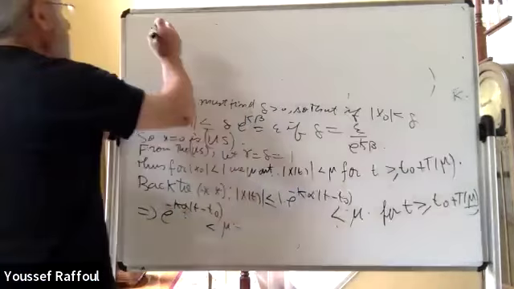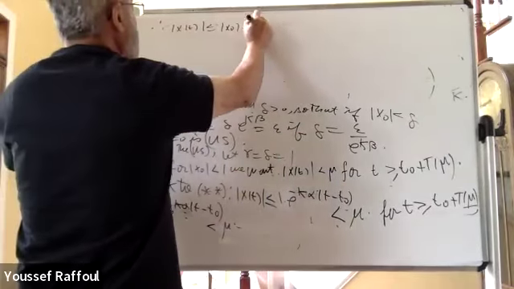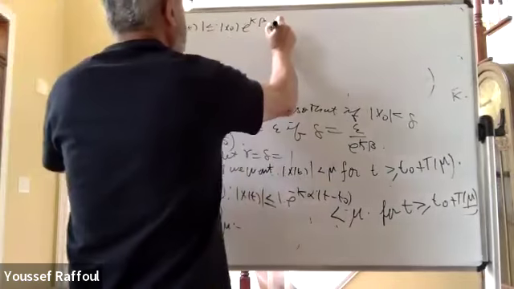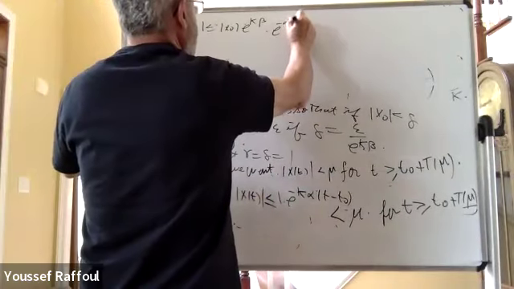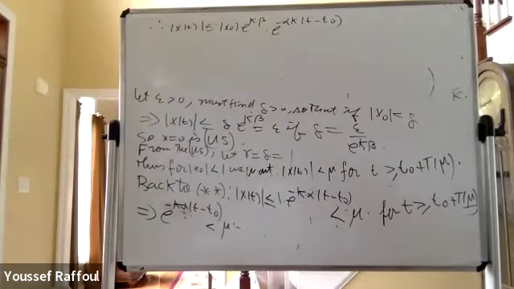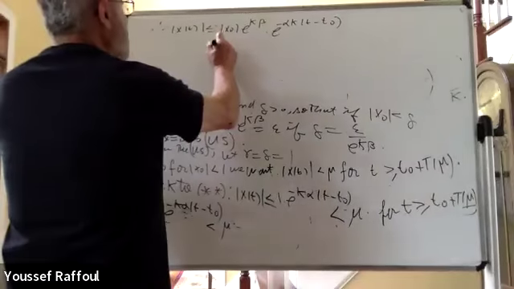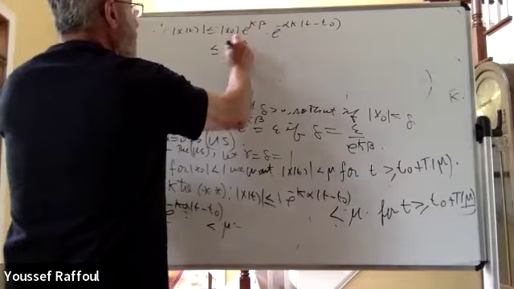Was it x_t less or equal to x naught e to the k beta times e to the minus alpha k (t minus t naught)? Is that what we had? Can you confirm? Okay. So we're taking delta to be 1, so this is less or equal to e to the k beta.